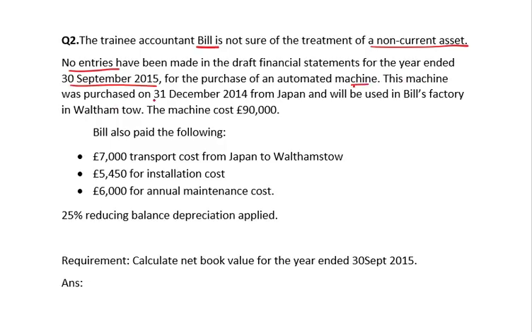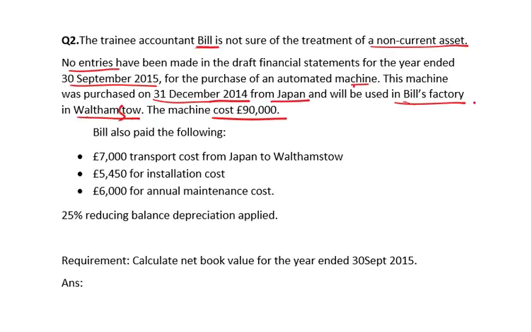This machine was purchased 31st December 2014, just a few months back, from Japan, and will be used in Bill's factory in Oldhamstow, somewhere in East London. The machine cost 90,000. He's the accountant, he's the owner.